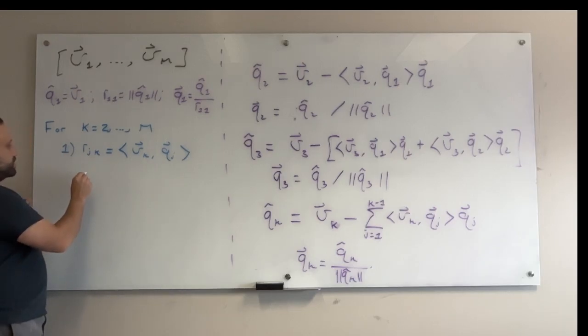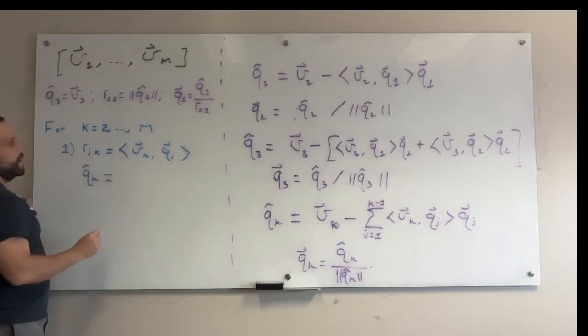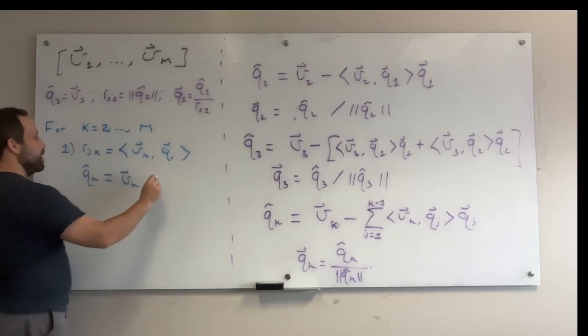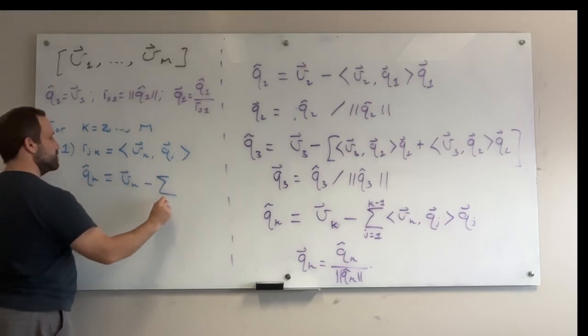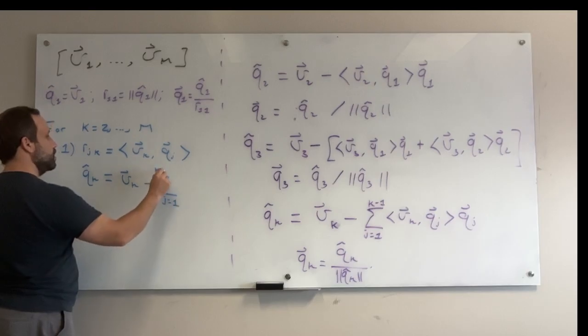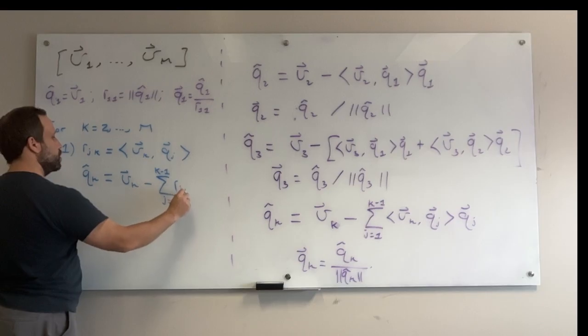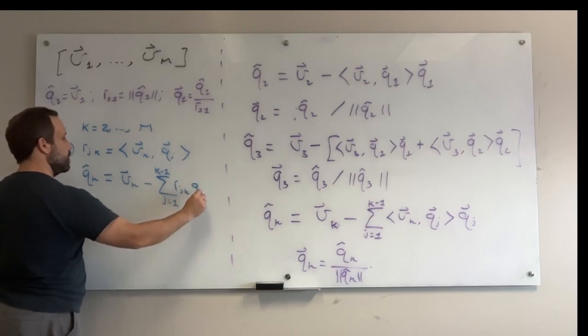Okay, and then we're going to say that qk hat is equal to vk minus the sum from j equals 1 to k minus 1 of rjk times qj.